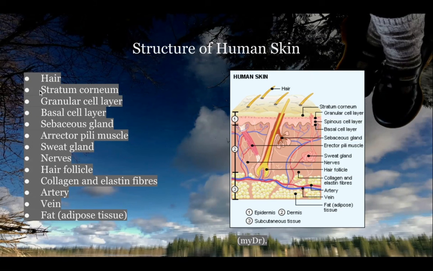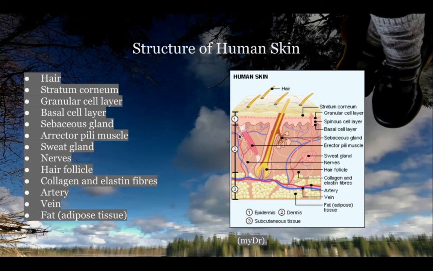So to quickly go through it all, we're going to cover the hair, the stratum corneum, which is right here, the granule cell layer right here, basal cell layer is next, which is right here. We have the sebaceous gland, which is one of the more important slides to look forward to.